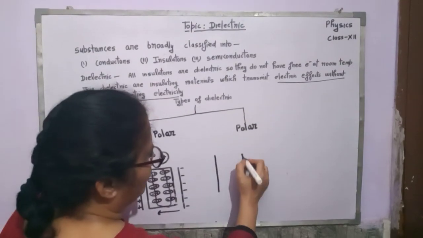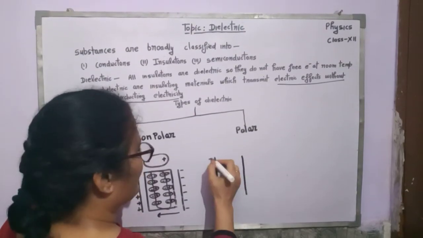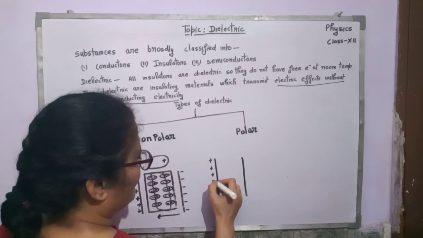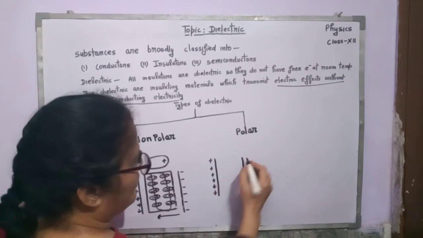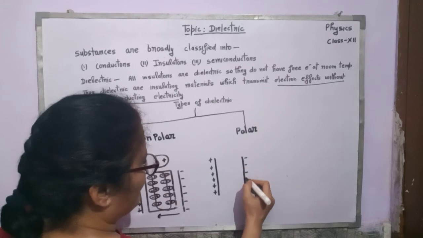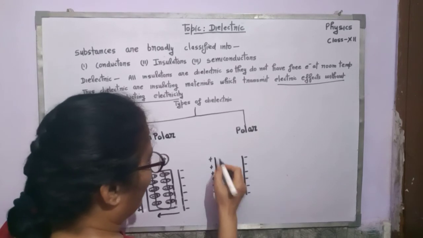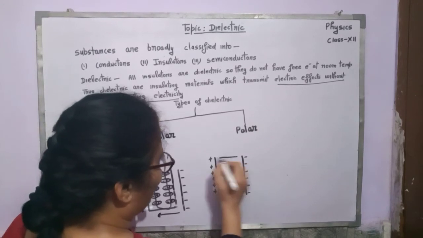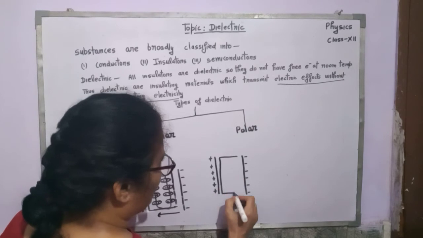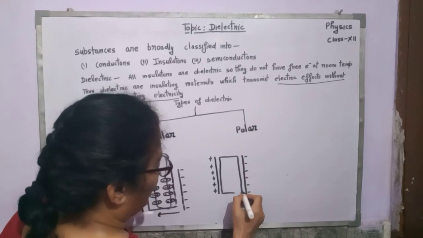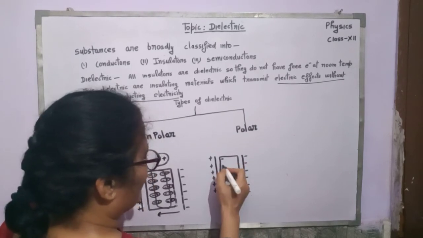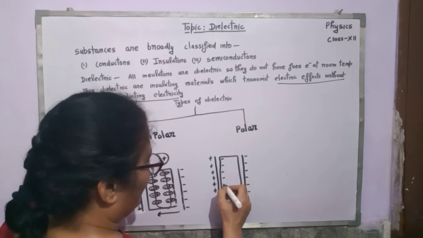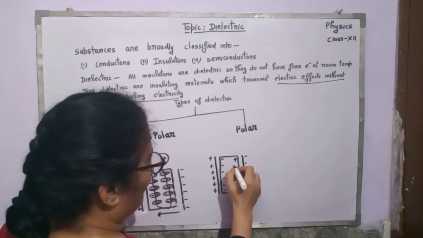Then the resultant effect is that this plate is positive as the external electric field is applied, this plate is negative, and in the dielectric slab placed between these two plates, this end becomes negative and this end becomes positive.